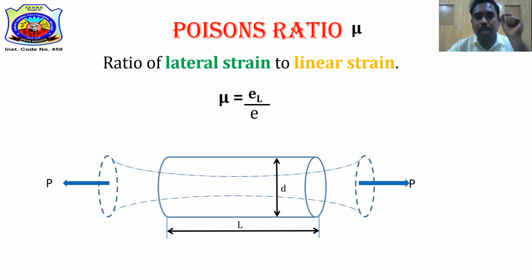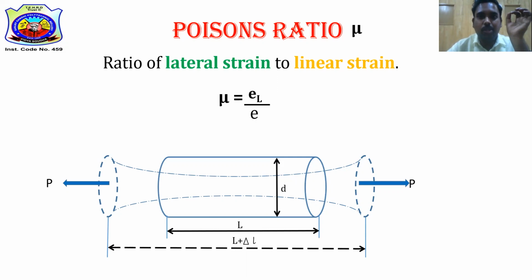Once we get the final shape, let us measure the length and the diameter of the final shape. First, I'll measure the length. It is represented as L plus delta L with the dotted line arrow marks. The original length is L, the final length is L plus delta L, so it is clearly understood that there is a certain change in length.